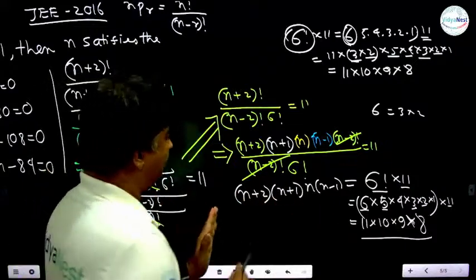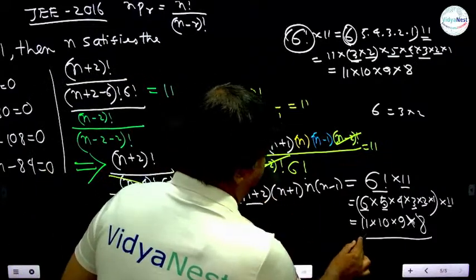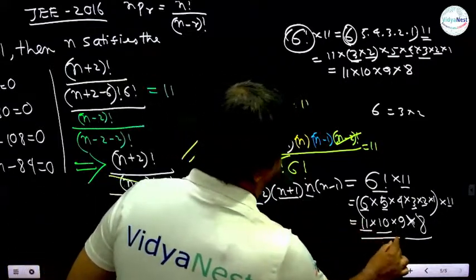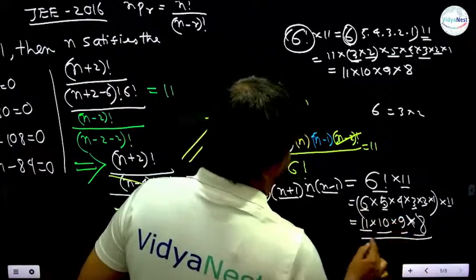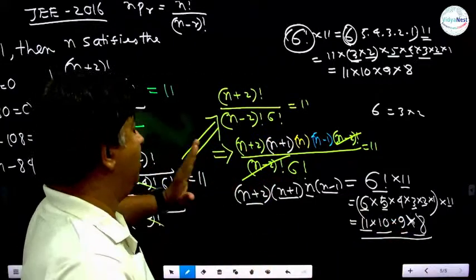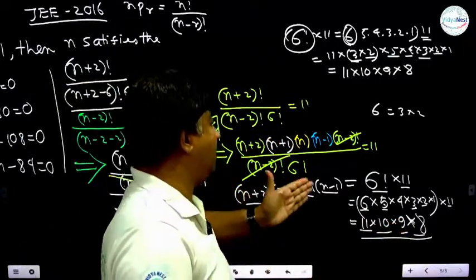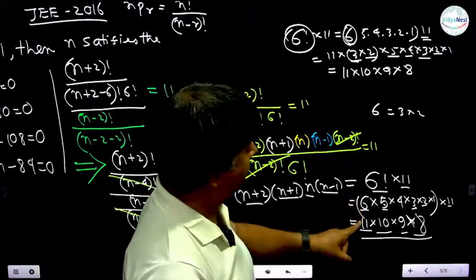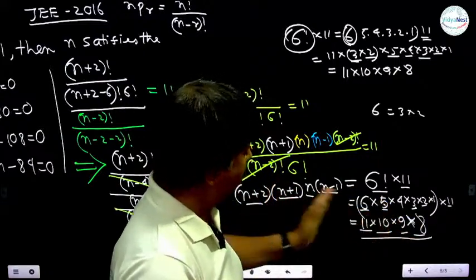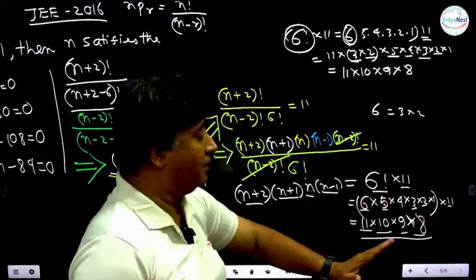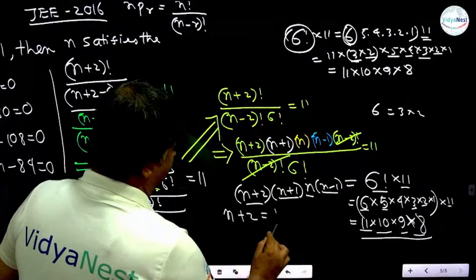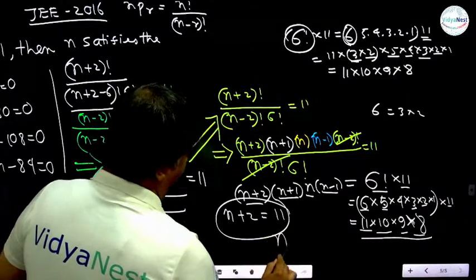You see, n plus 2 is 11, n plus 1 is 10, n is 9, n minus 1 is 8. By the number system, if you get 4 consecutive terms in algebra on the left hand side and the same 4 consecutive numbers in the same order in numerical on the right hand side, we can compare. n plus 2 is equal to 11, n is 9.